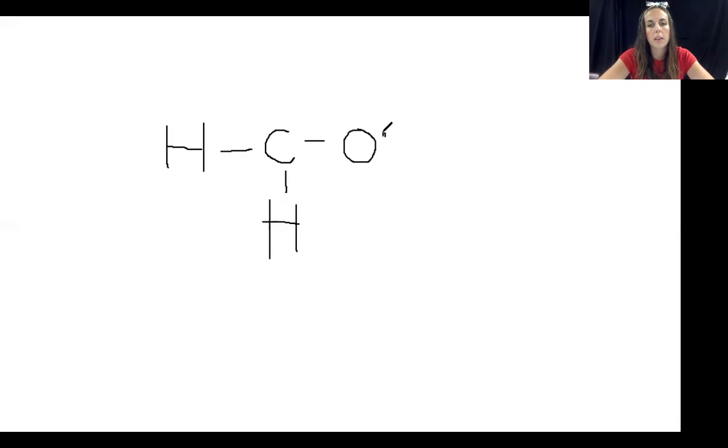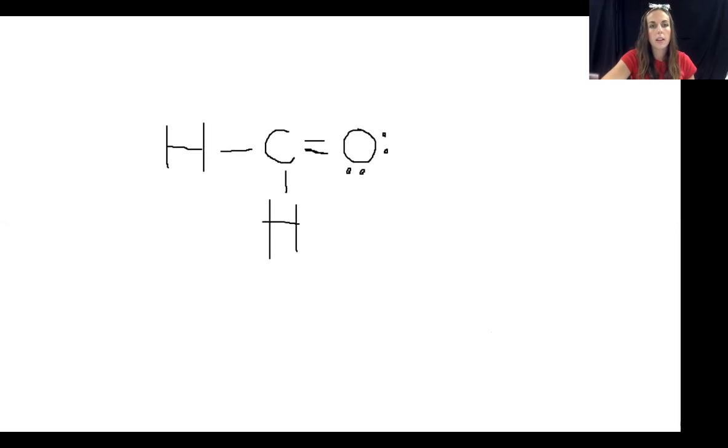Let's start filling them in. 8, 10. Uh-oh, I only have 2 more to work with, and carbon and oxygen both need 2 more. So this is what I'm going to do. Double bond here. So 2, 4, 6, 8, 10, 12. And this is what your final Lewis structure is going to look like.